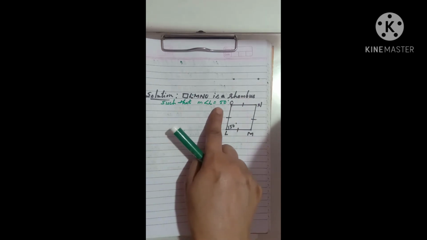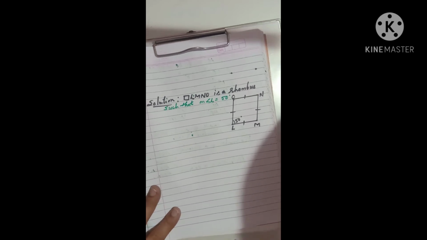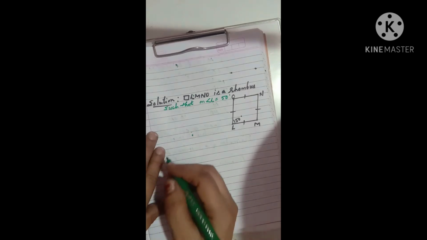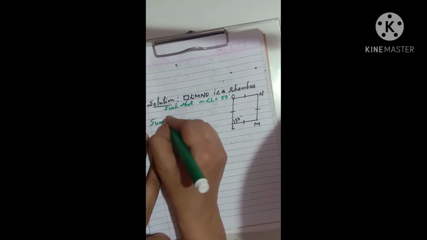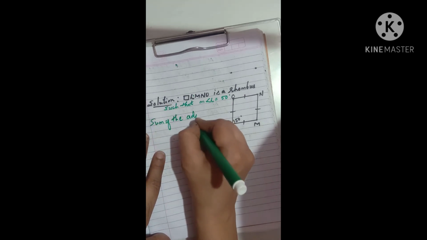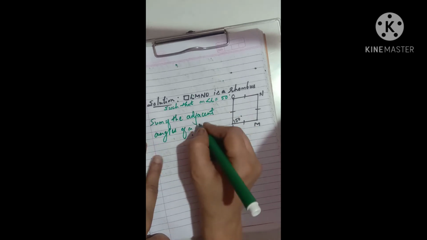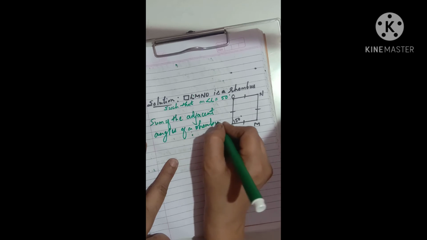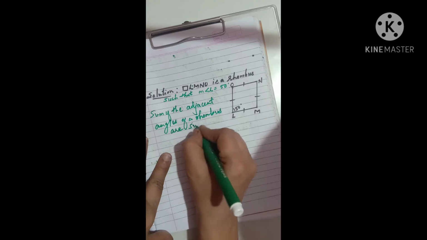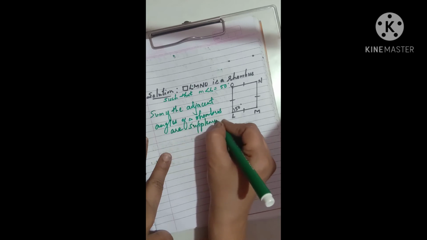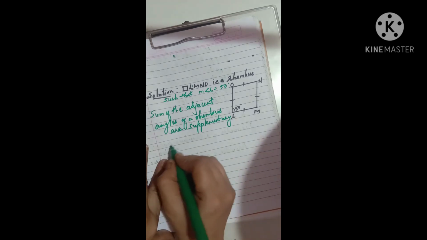So one important property of this rhombus is: sum of the adjacent angles of a rhombus are supplementary.